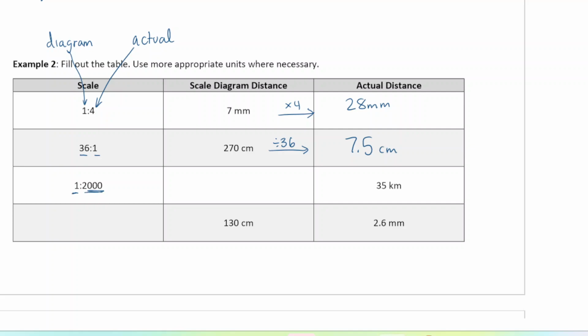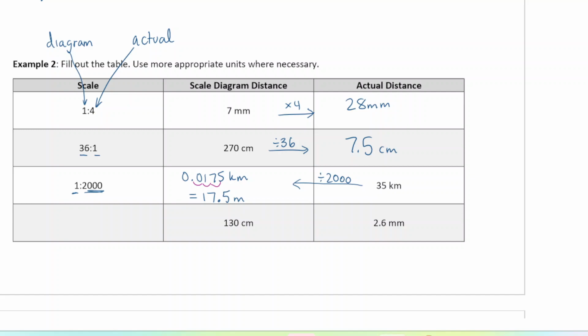So if I'm going the other direction here, I'm going to divide by 2,000. 35 kilometers divided by 2,000 is 0.0175 kilometers. That doesn't seem very reasonable. I'm going to change that to meters. When I change it to meters, I'm going to multiply it by 1,000. So it's 17.5 meters.